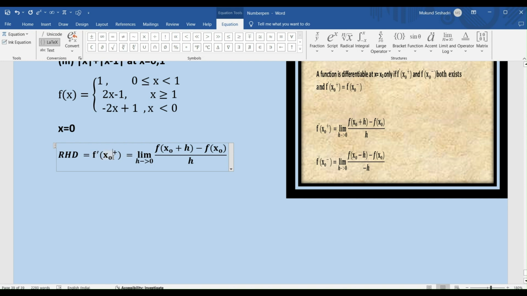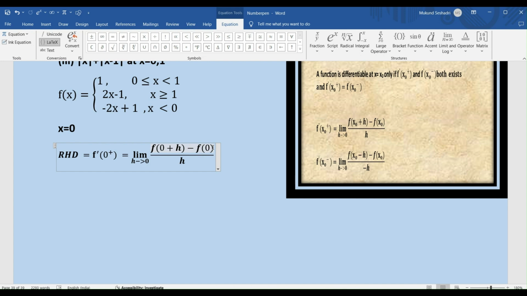So my x naught is 0, so I can comfortably go ahead and replace my x naught with 0. And what do I have? My limit h tending to 0, f of 0 plus h minus f of 0 divided by h, right?